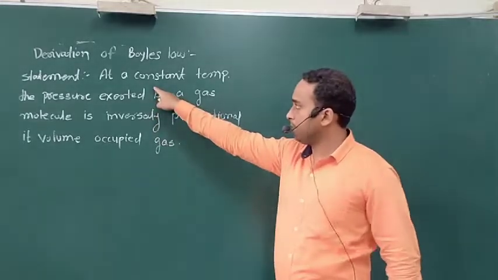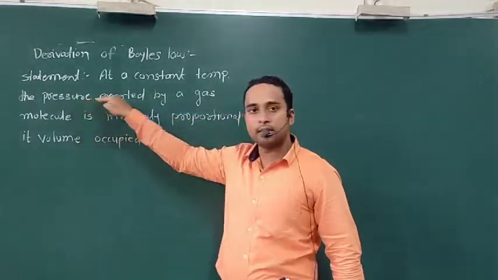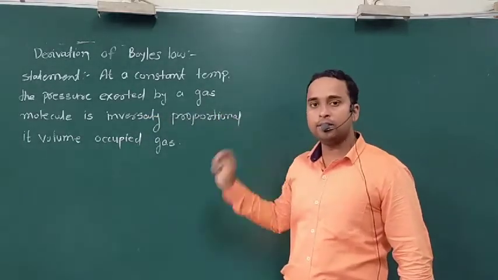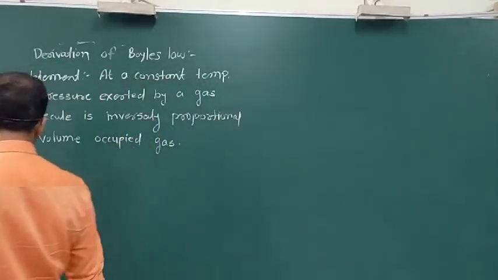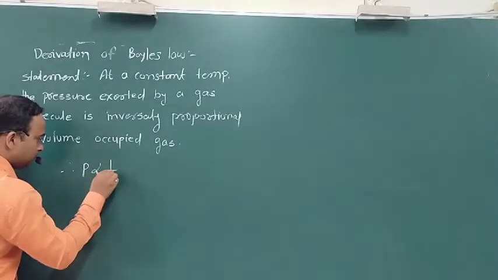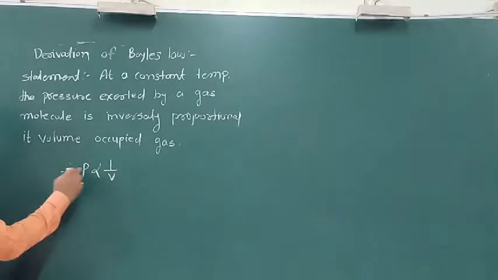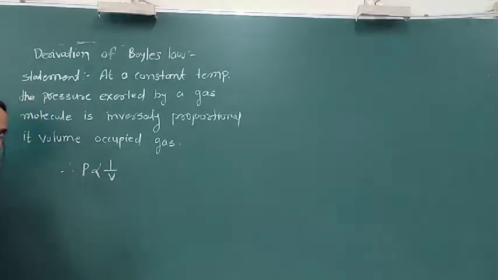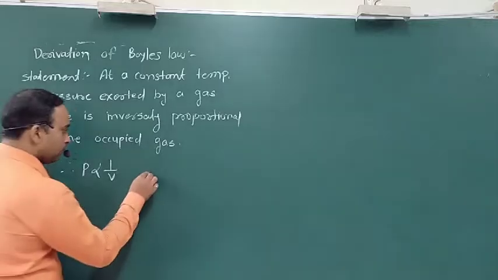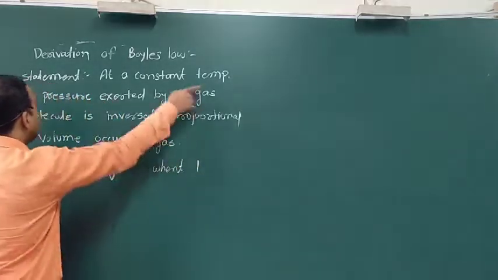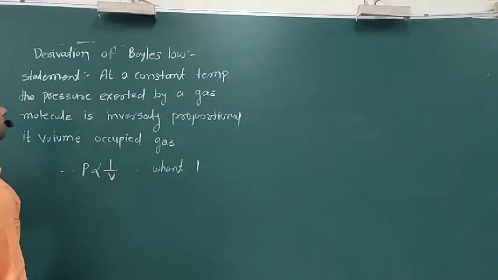At a constant temperature, the pressure exerted by a gas molecule is inversely proportional to its volume. Okay. So therefore we can write P is inversely proportional to V. So P is the pressure, V is the volume, when temperature remains constant.